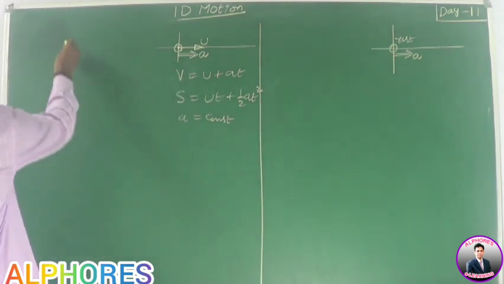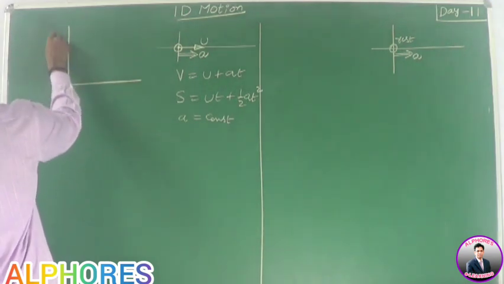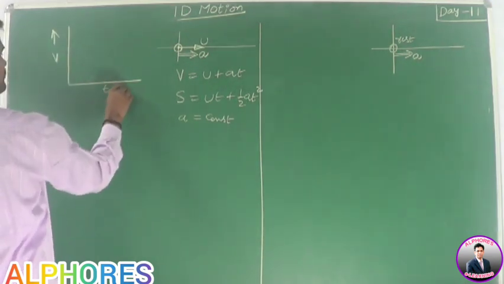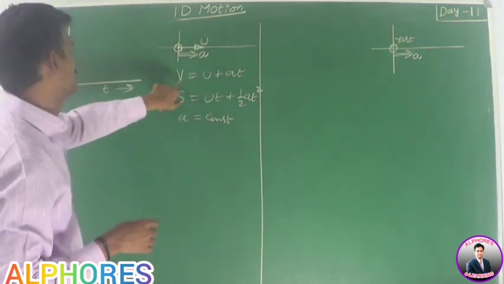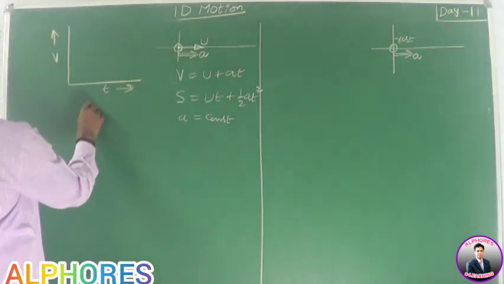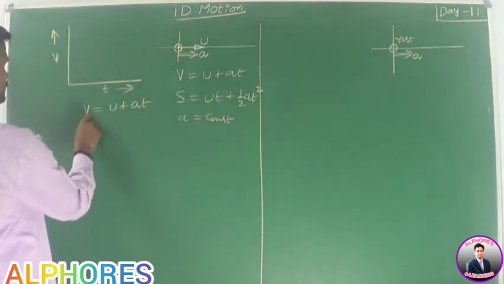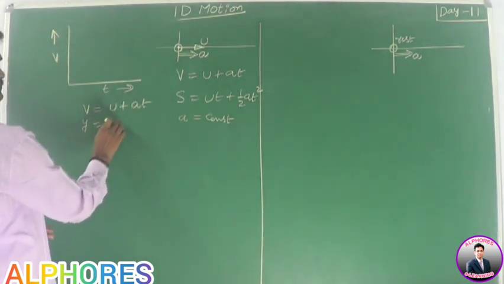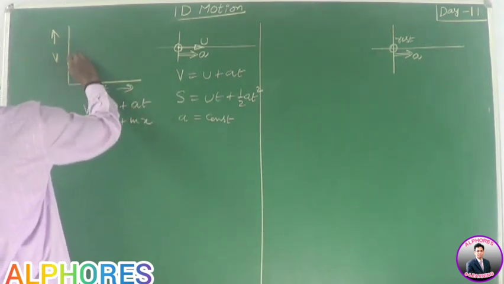My first graph is the velocity time graph, for this particular motion. For this motion, the velocity equation is v equal to u plus at. So it is like y equal to some constant plus mx. So our graph is like this.